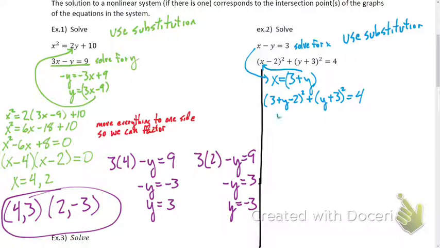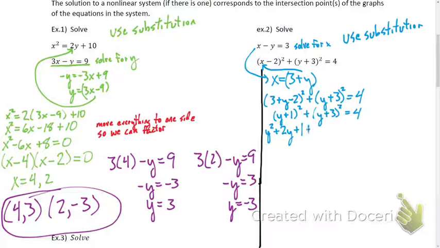Do a little simplifying. Let's FOIL out those two squared binomials. You square the first, multiply them, and double. So we get 2y. And square the second. And let's do it again for y plus 3.